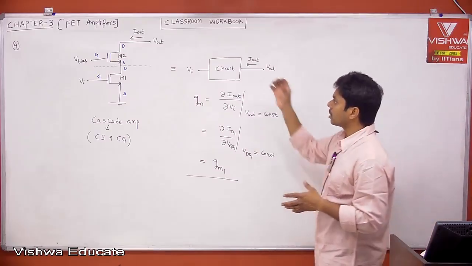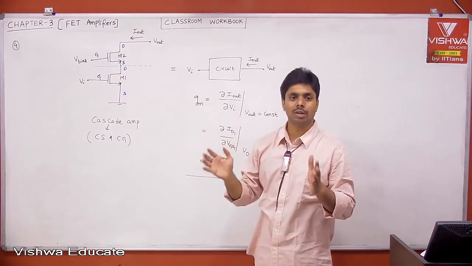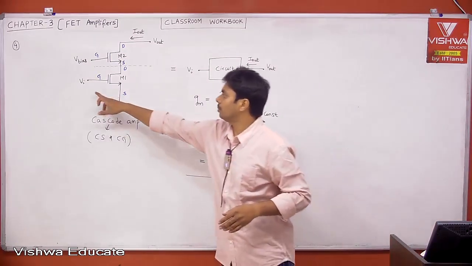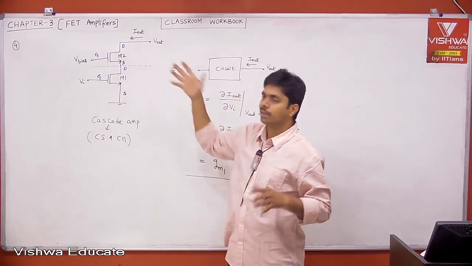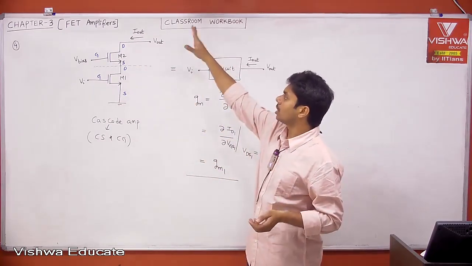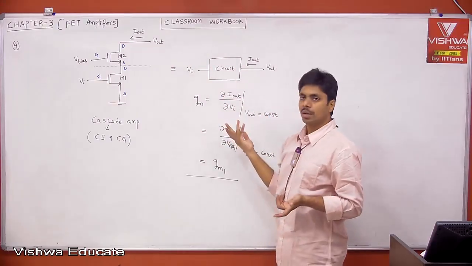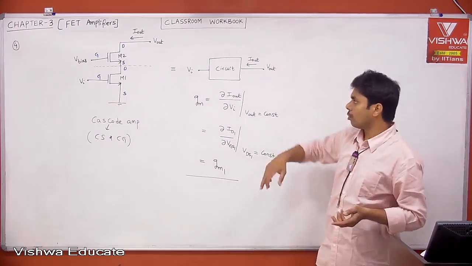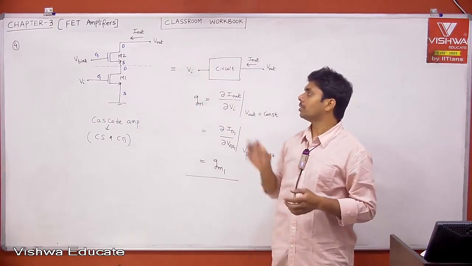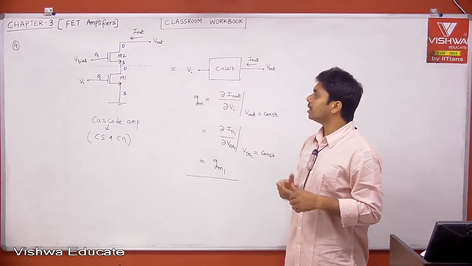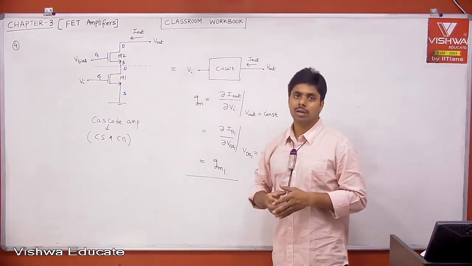Ultimately, any circuit or system is defined with input and output. Therefore, define with input and then with output. Whatever you have in between doesn't matter. Ultimately, what will be the change in output current because of change in input voltage, when output voltage is constant? That is GM. Therefore, the overall circuit GM is nothing but the GM1 of your M1.